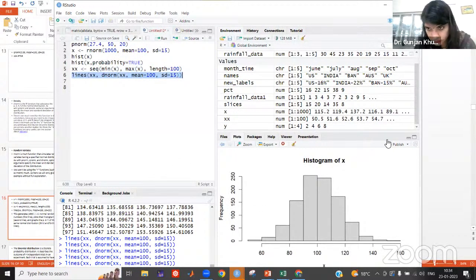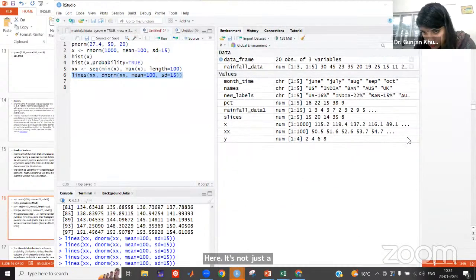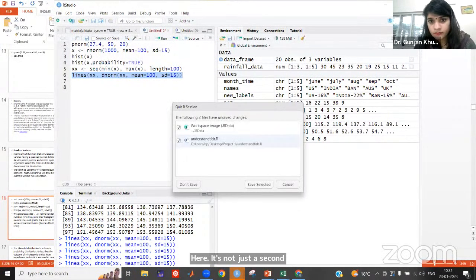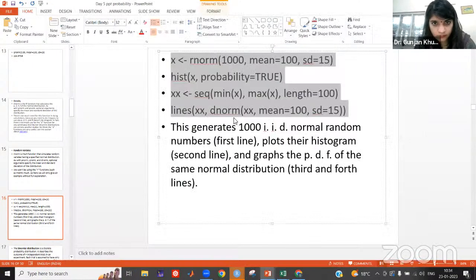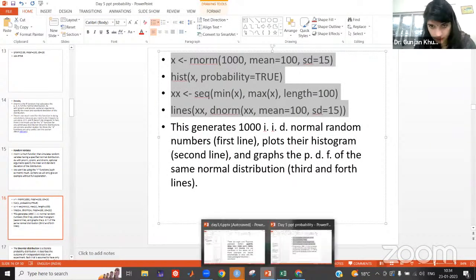here it's not showing. Just a second. With length you are getting brackets. Yes, so length equal to 100 should be in the bracket.